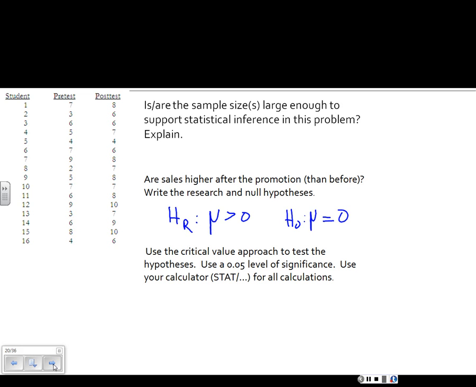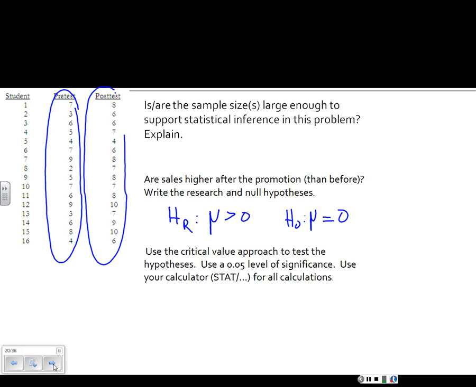So to do this on the calculator, you'll need to put the pre-test and post-test values in your calculator. And then let's say, for example, that you put these pre-tests in list 1 and the post-tests in list 2.